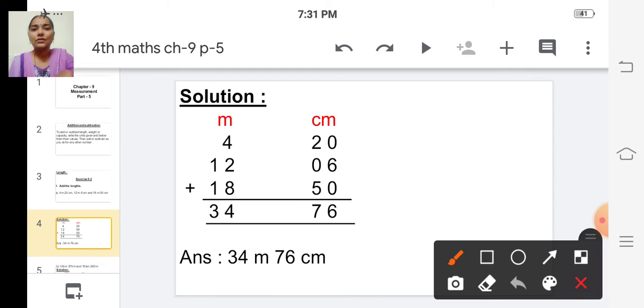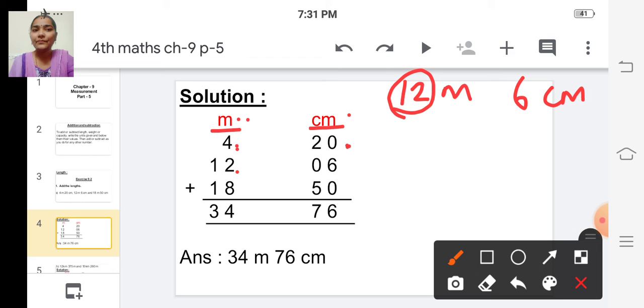First write meter, centimeter. In the first length they have given 4 meter 20 centimeter, so write 4 below meter and 20 below centimeter. The second length is 12 meter 6 centimeter, so write 12 below meter and 6 below centimeter.